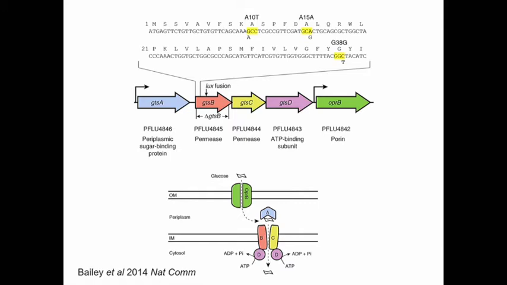And what we've got up here is the sequence, showing you where the two synonymous mutations are, both pretty close to the start of the gene. This is one of the synonymous mutations, called A15A, and G38G is the other synonymous mutation.